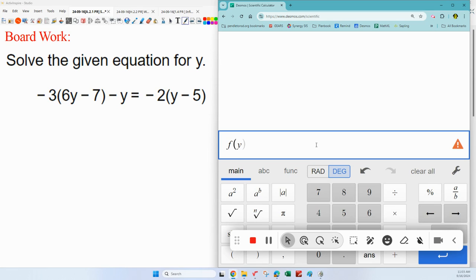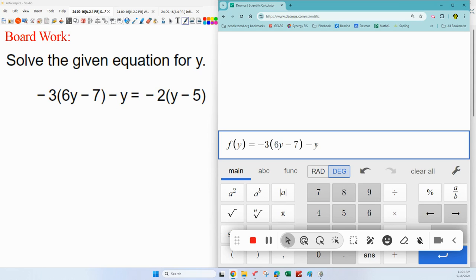Okay, this is where I need everybody's attention up here, please. So f of y equals what? -3 times the quantity 6y minus 7. Now I got to go get out of the parentheses, right? Minus y. Why did we pick that? How come f of y is equal to that?